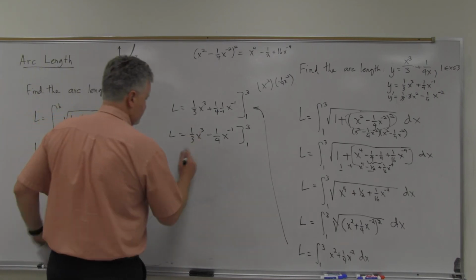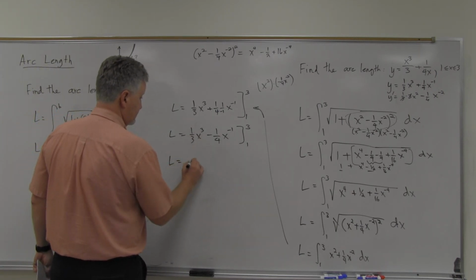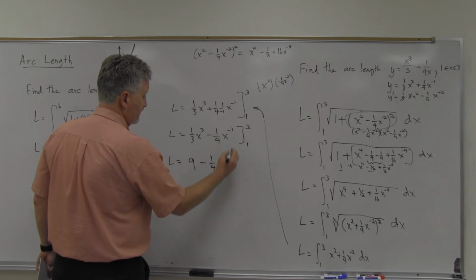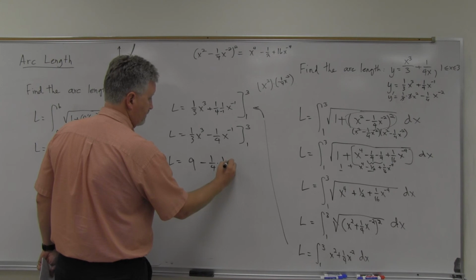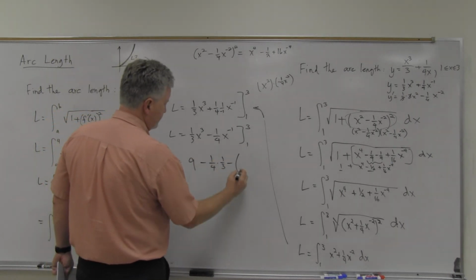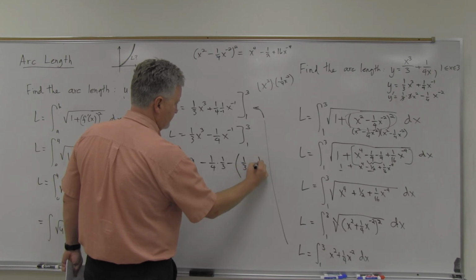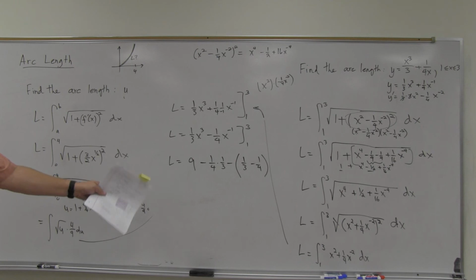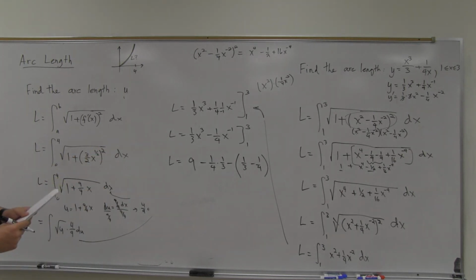Plug in the 3, so it's 1/3 of 27, that's 9, minus 1/4 times 3 to the negative 1, that's 1/3, right? Plug in the 1, to anything that's 1, so you've got 1/3 minus 1/4. So it's 9 minus 1/12, then minus another 1/3 minus 1/4. Is that 1/12?